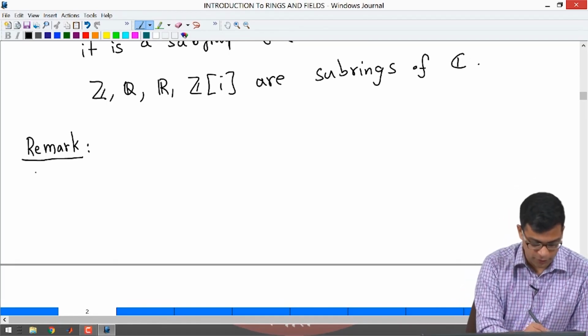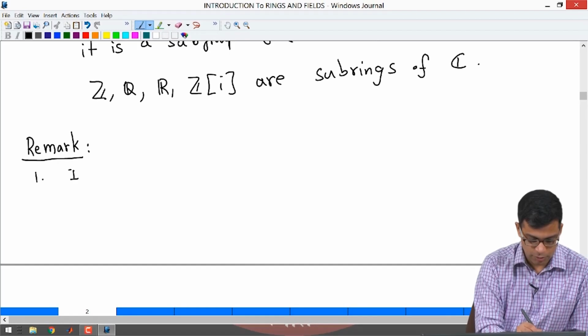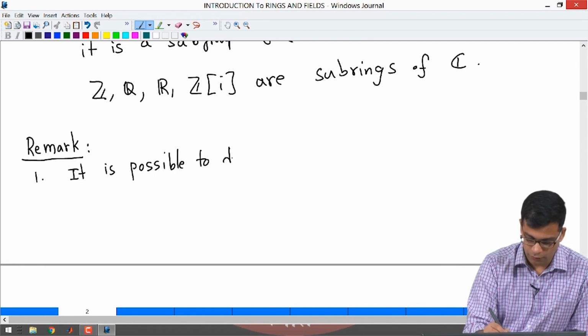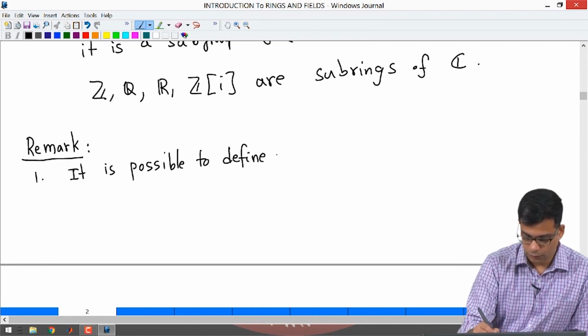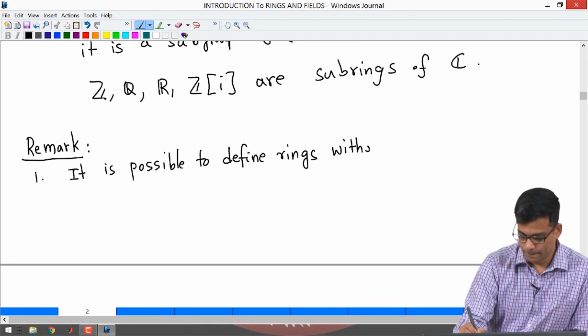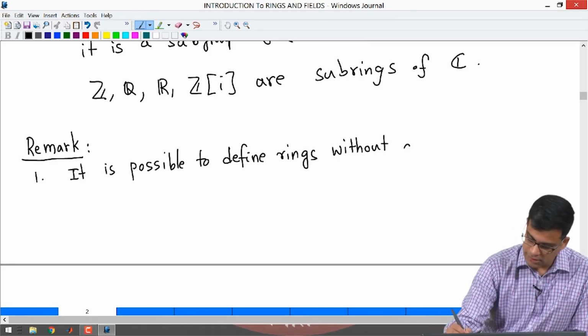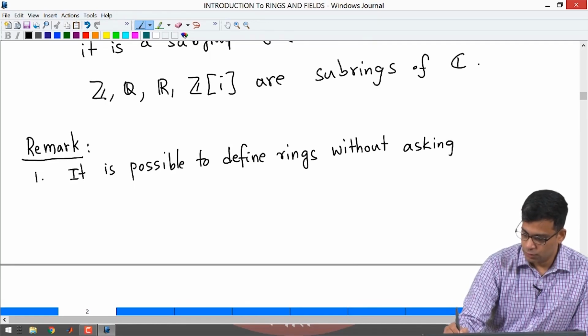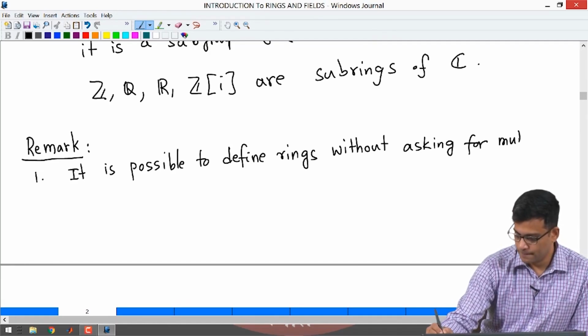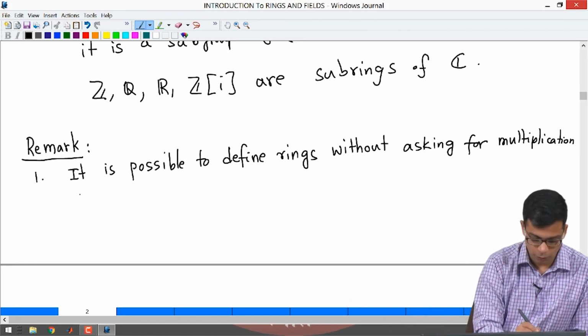So, the first remark is it is possible to define rings without asking for multiplication to be commutative.